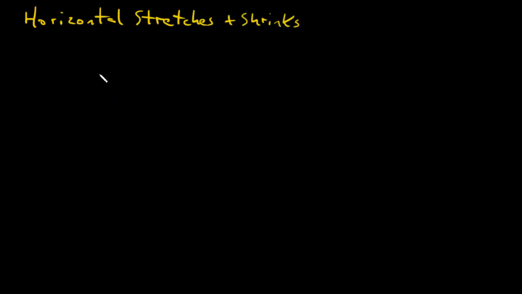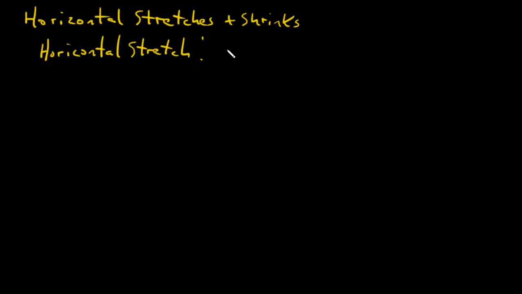If I want to do horizontal stretches and shrinks, here's what has to happen. Okay, let's start with stretches. So a horizontal stretch, okay, I know it's a horizontal transformation, so I'm going to replace every x by something.